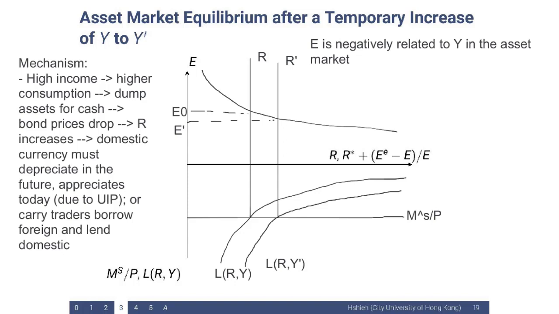And then you have carry traders come in, right? The domestic currency must depreciate in the future, so it appreciates today due to UIP. Or you can think of it as carry traders borrowing foreign and lending domestic.